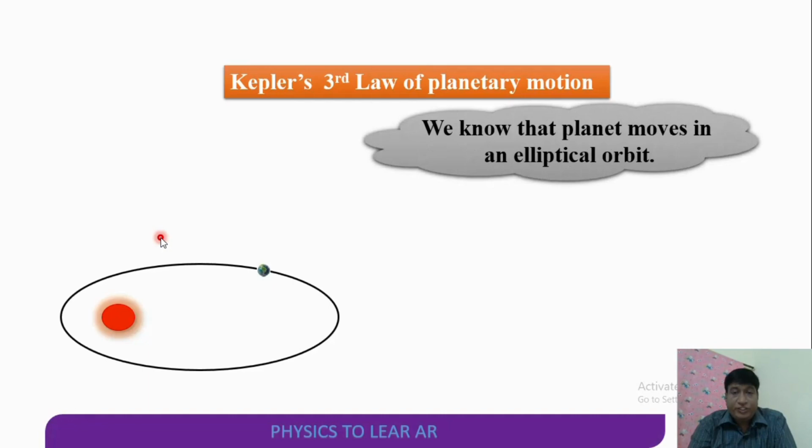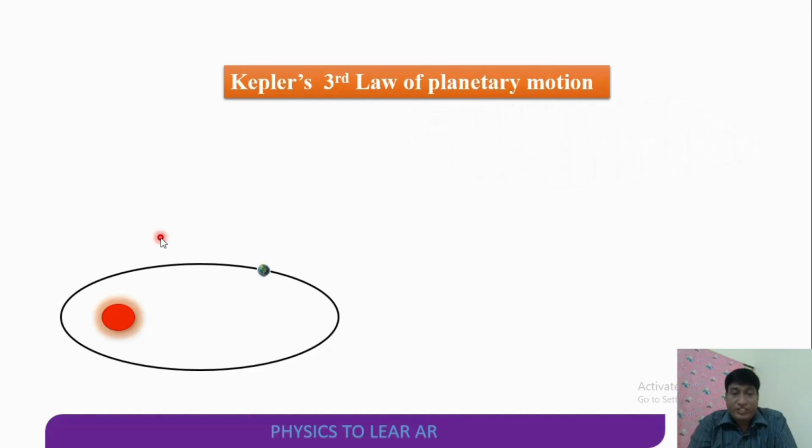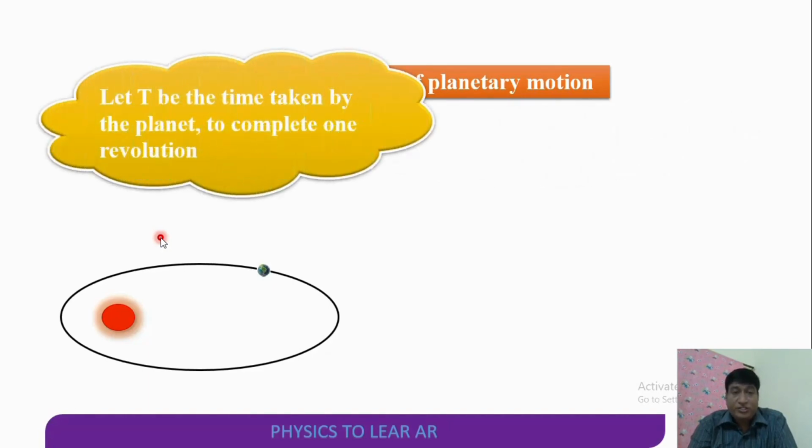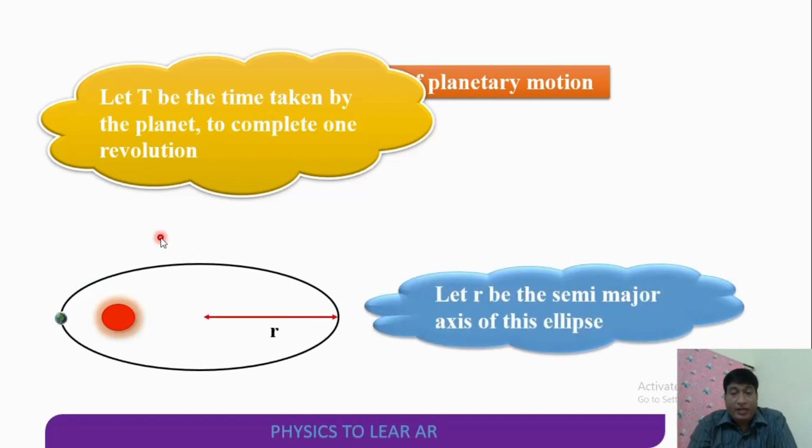I will explain the same thing so that you understand clearly. Let T be the time taken by the planet to complete one revolution, and let r be the semi-major axis of this ellipse.